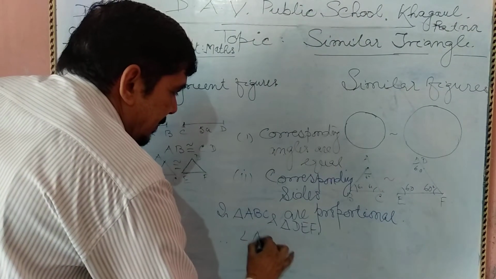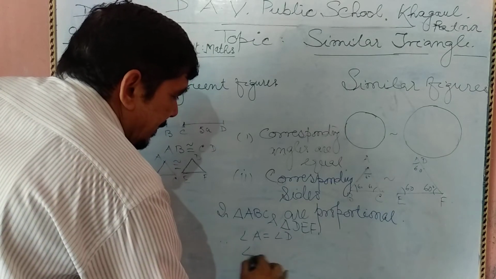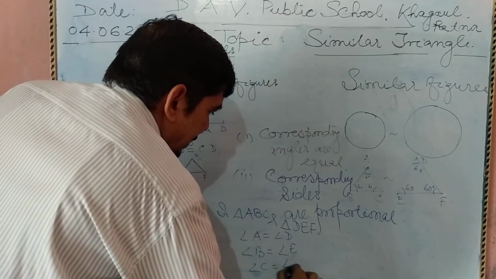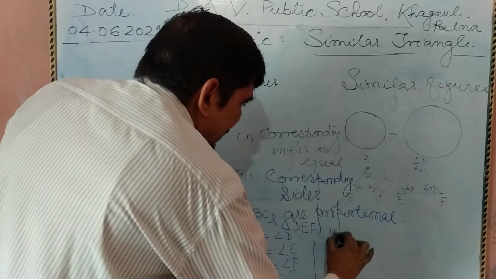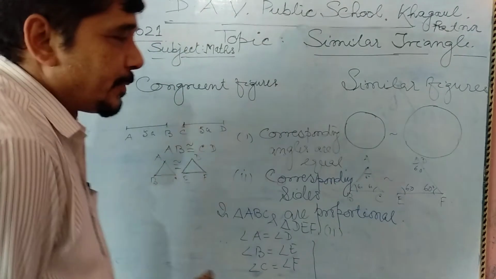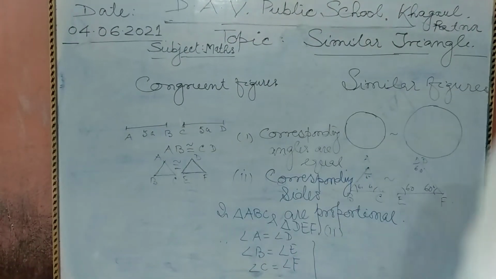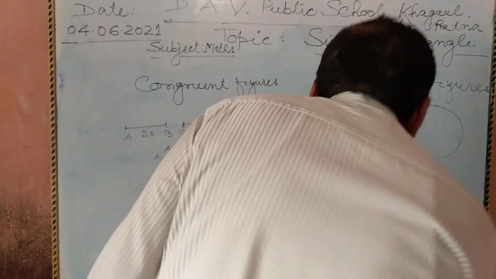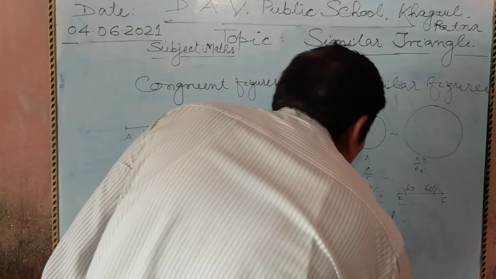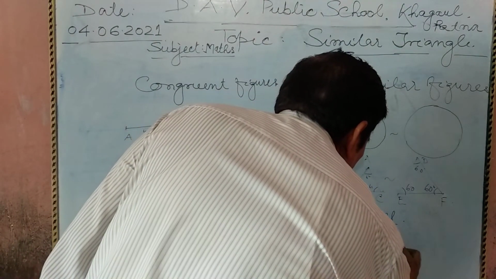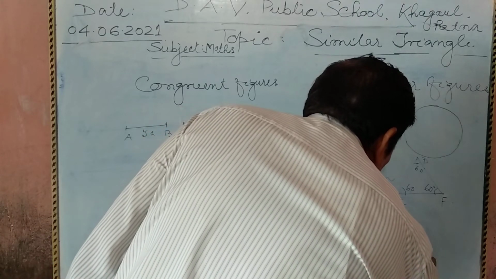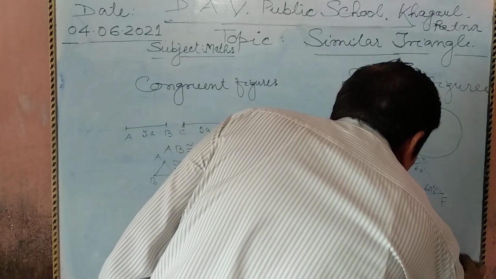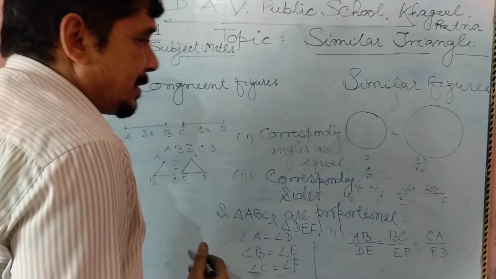Means angle A is equal to angle D, angle B is equal to angle E, and angle C is equal to angle F. And second, corresponding sides are in the same ratio. Okay? Means AB by DE is equal to BC by EF is equal to CA by FD. Corresponding sides are in the same ratio.